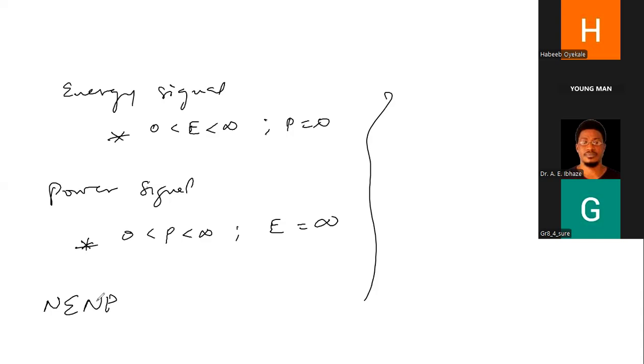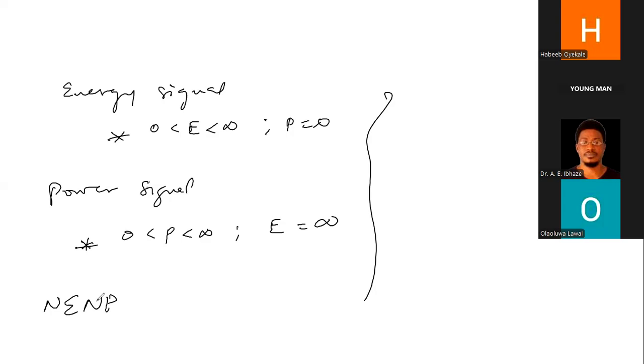You're welcome. So tell me. Go ahead, please. Yeah, I wanted to ask, because of the formula for the energy signal, it showed that we have to find the integral of the function over all values of time. So what happens if we have a discrete signal?